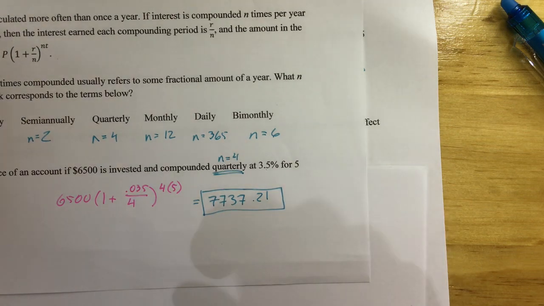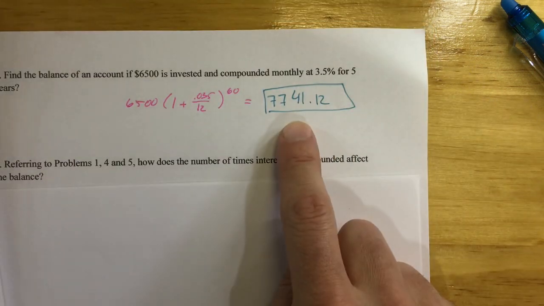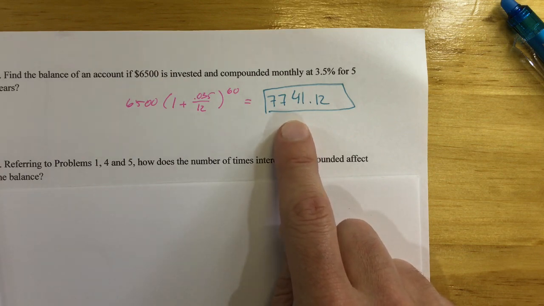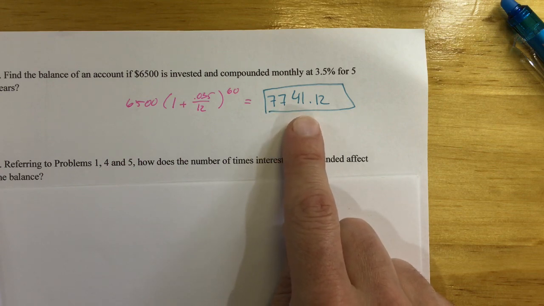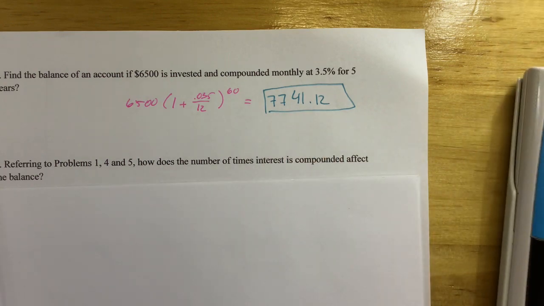I think it said 20 earlier, but it's about 18 is what it increases by. Okay, so then when you do monthly, so now the 4 has changed all the way to a 12. It has continued to go up, right? It went from 77.19 to 77.37 to now 77.41. So the first observation should be the bigger the end value, the more you're going to get back in return.